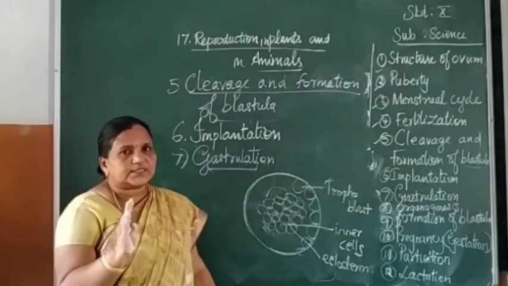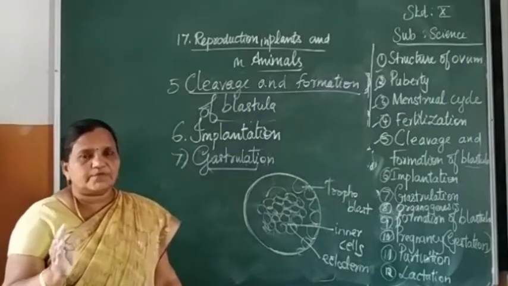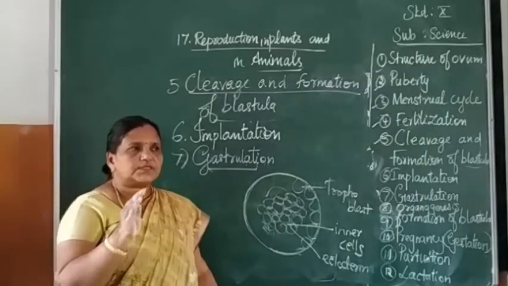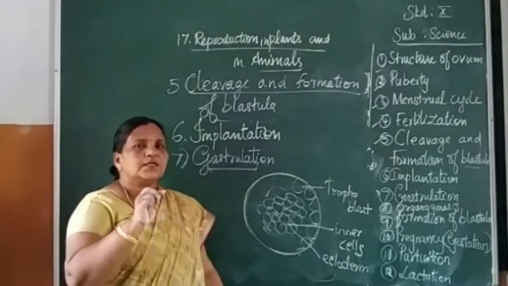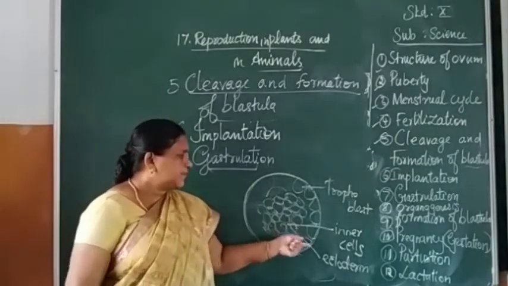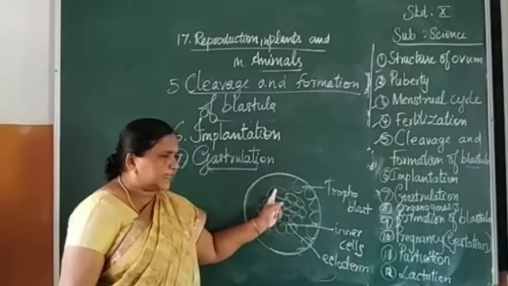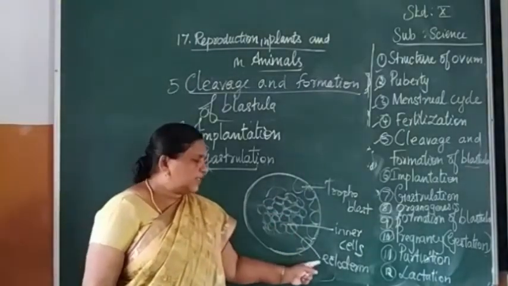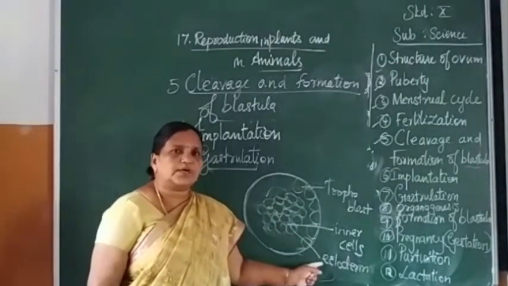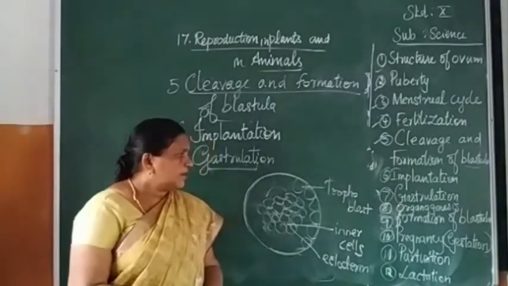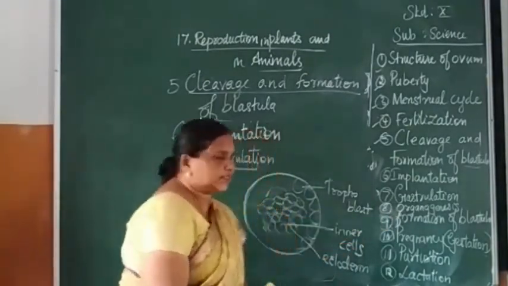In the gastrulation stage, 3 layers will be formed, because the movement of the organism with the 3 layers is called the gastrulation stage. In this stage, the outer cells of the inner mass are converted into ectoderm, and the ectoderm organs will be formed. We can study it in organogenesis.